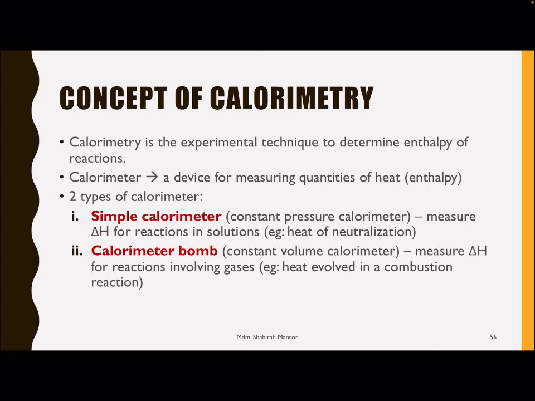This kind of calorimeter will be used in order to measure enthalpy of combustion reaction. For the simple calorimeter, usually we will deal with solution reactants, and for the bomb calorimeter, usually involving gas samples. So those are the differences between these two calorimeters.